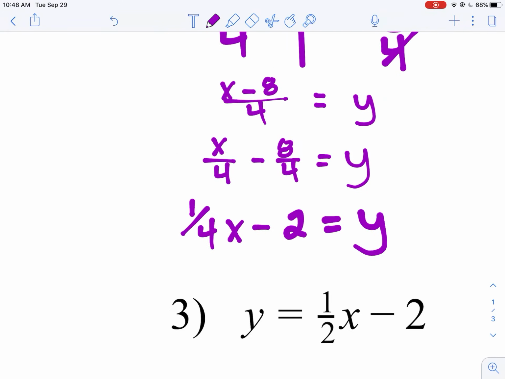Why? Because if I'm multiplying these out, I'd be multiplying my top values. I can always rewrite x as x over 1 if I want to. If I do that, 1 times x gives me x. 4 times 1 gives me 4. So by writing it out this way, I keep it in slope-intercept form, which sometimes we like, especially for graphing them. It's a lot easier to do it that way.